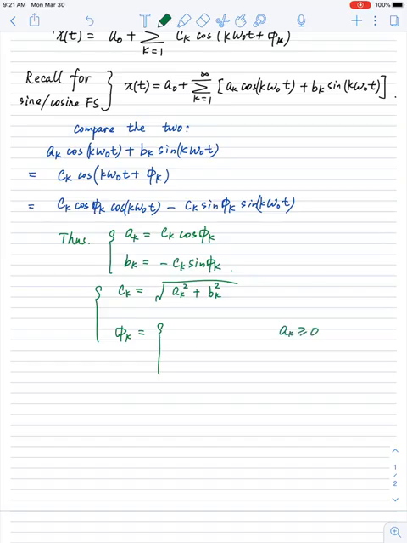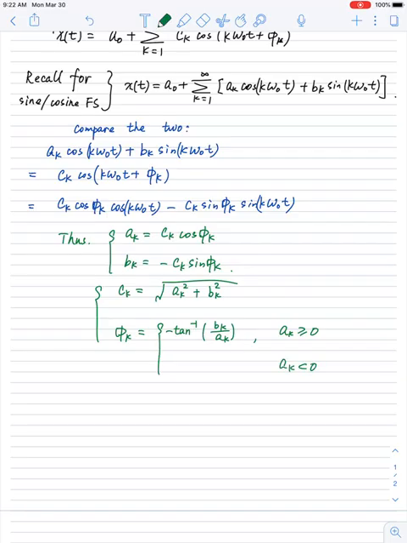If ak is larger than 0, then phi k is equal to minus arctangent of bk divided by ak.